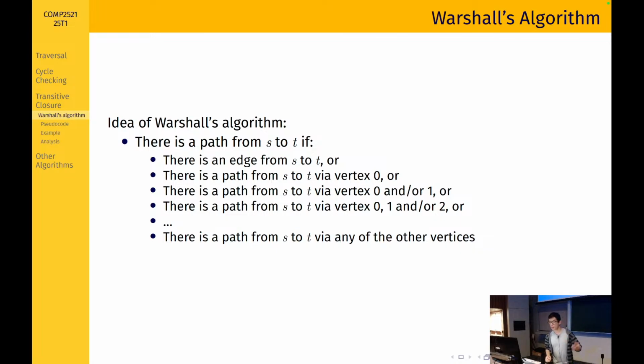Or there's a path from S to T via 0, 1, or 2. So Warshall's algorithm gradually calculates the existence of these paths. Every iteration, it calculates one of these points.